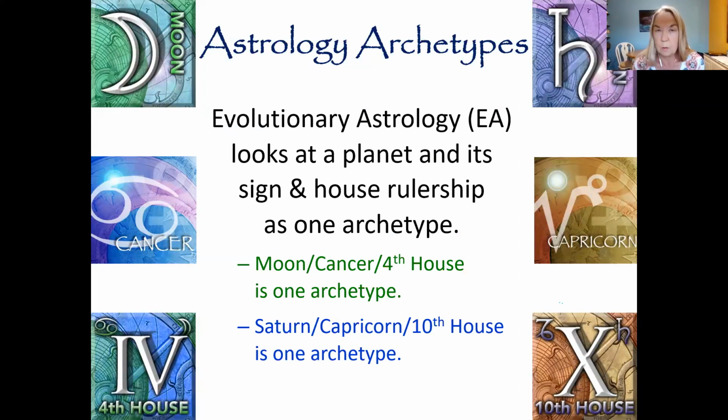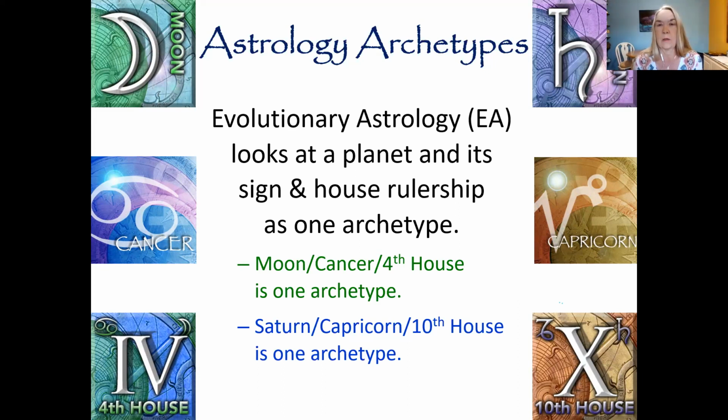All right, everyone. First of all, one real basic to evolutionary astrology, especially if there are any of you out there who are new. In the world of EA, we look at a planet and its sign and house rulership as one archetype. So as we go through this next lecture, we look at the Moon, Cancer, 4th house as one archetype.